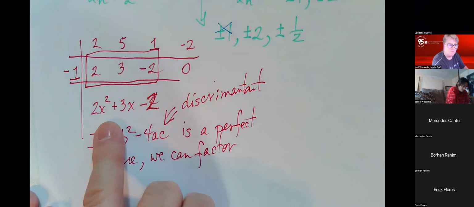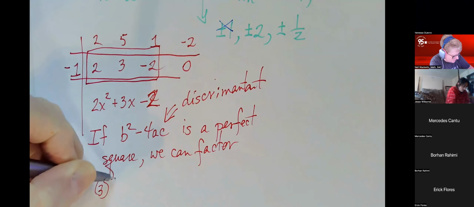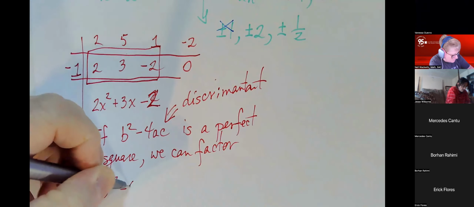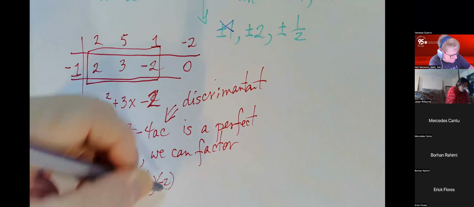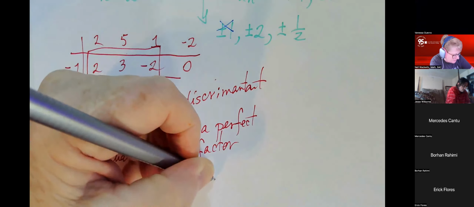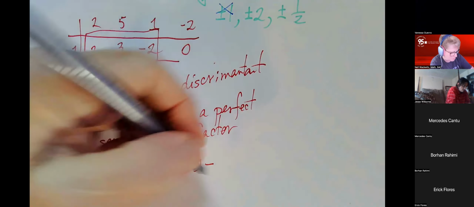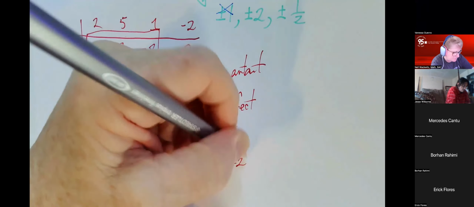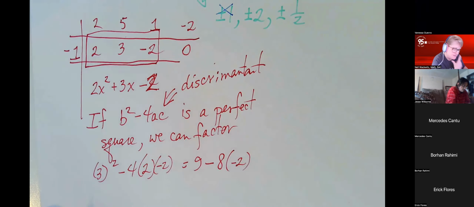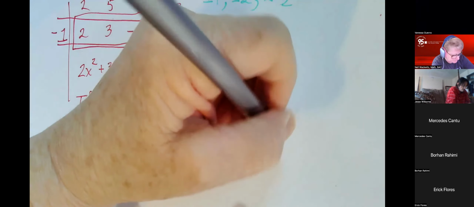Well, let's see. We've got B is 3, A is 2, C is -2. That's 9. 4 times 2? And then we still have to multiply by another -2. What is 8 times -2? It'd be a +16. Excellent.